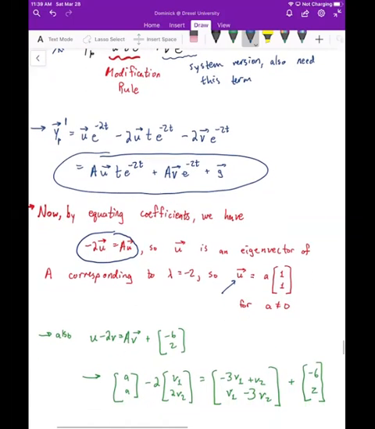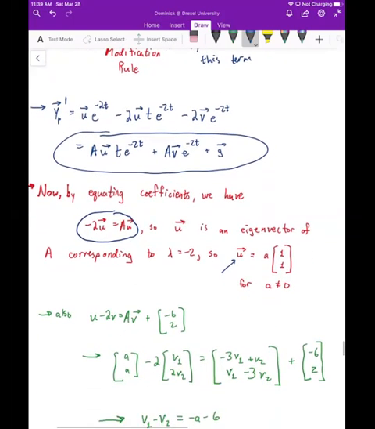Now, if we equate, let's see, so this was equating the t coefficients, I believe, right? Yeah. Now, this is the non-t coefficients. And we have that u minus 2v is equal to Av plus g, which is (-6, 2).